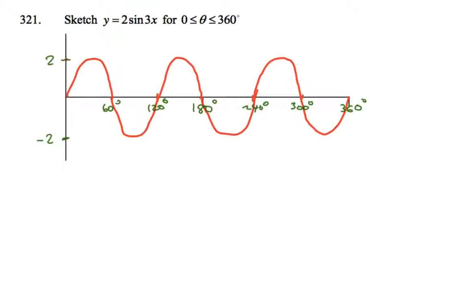So that's what it looks like. You notice this is 2 and -2 there. That's the effect of that 2 in front. And we have, instead of one big up and down and finish, we have, I'll do this in a different color just to show you. I'll do this in blue. We have one sine curve here. That's one of them.